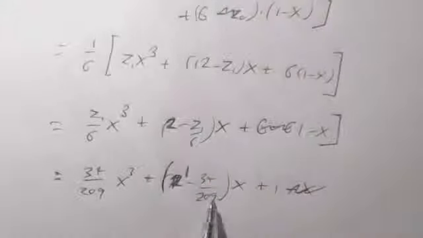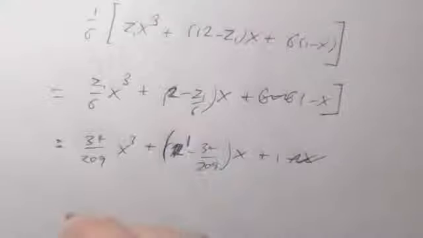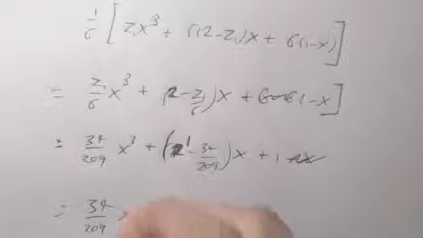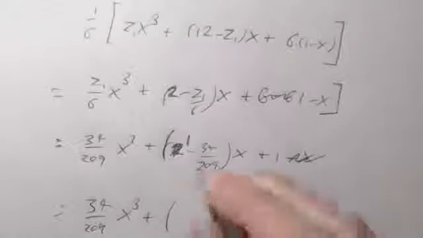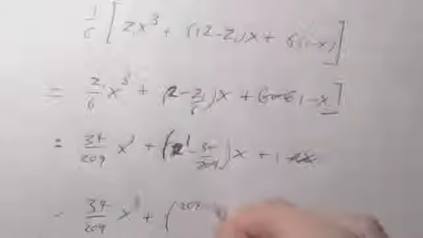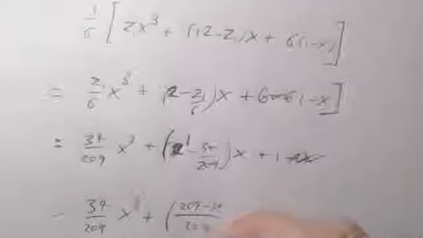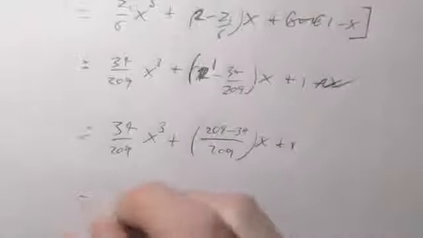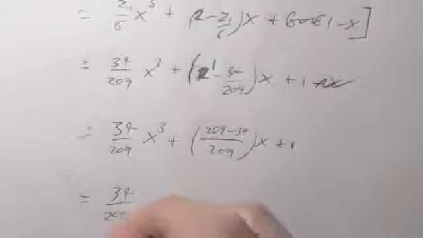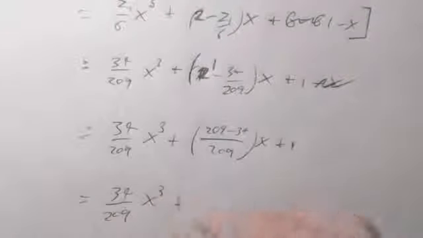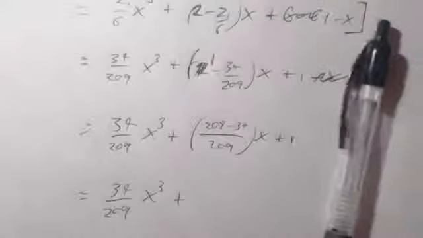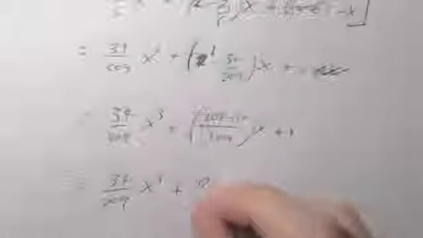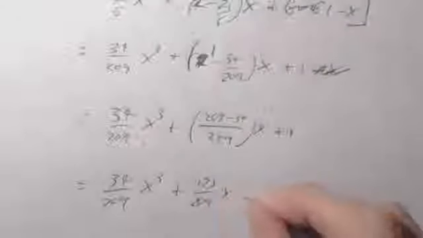We've got 1 minus 34 over 209. That's relatively easy to deal with. So we'll have 34 over 209 x cubed plus (209 minus 34) over 209 x plus 1, which equals 34 over 209 x cubed plus 175 over 209 x plus 1.